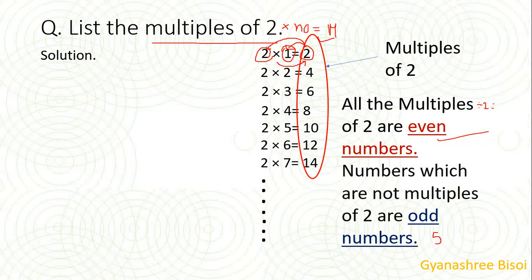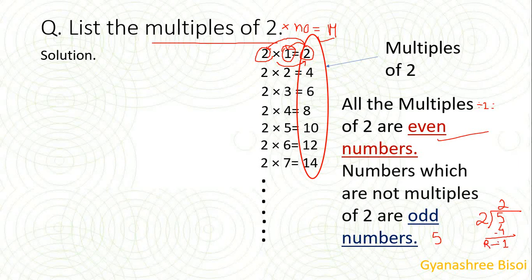Let's divide it and check. Is there any remainder or not? So 5 divided by 2. I can take 2 times 2 is 4. Now subtract. 5 minus 4 equals 1. Now we cannot divide anymore because 1 is less than 2, and 1 is our remainder.